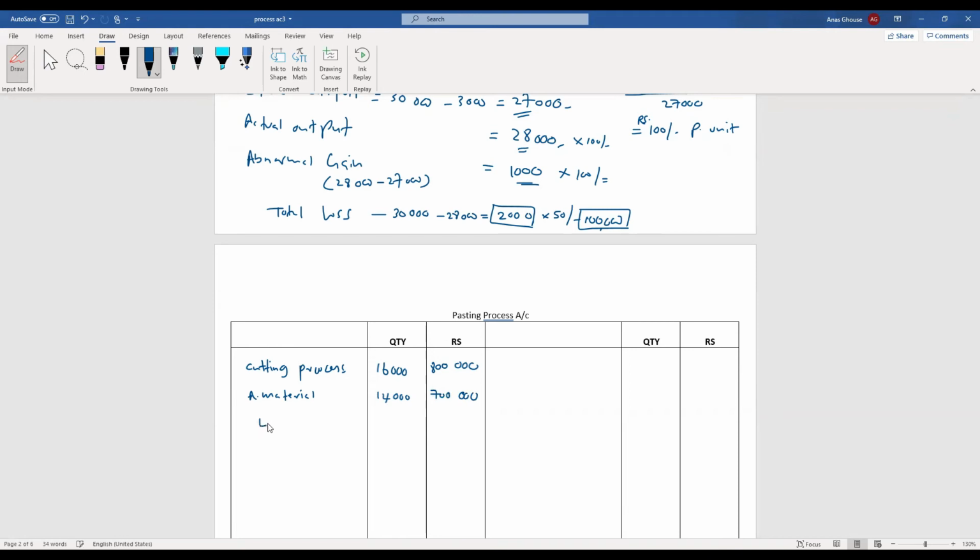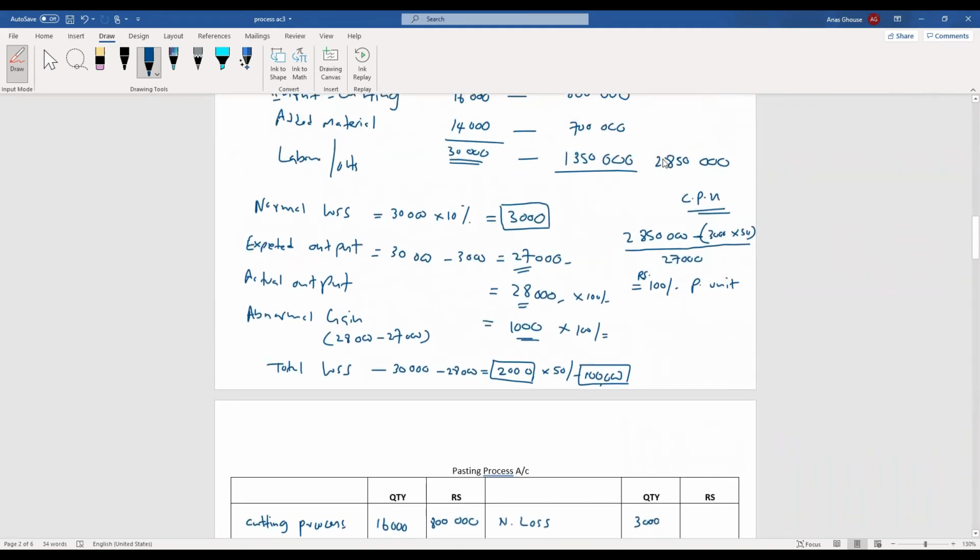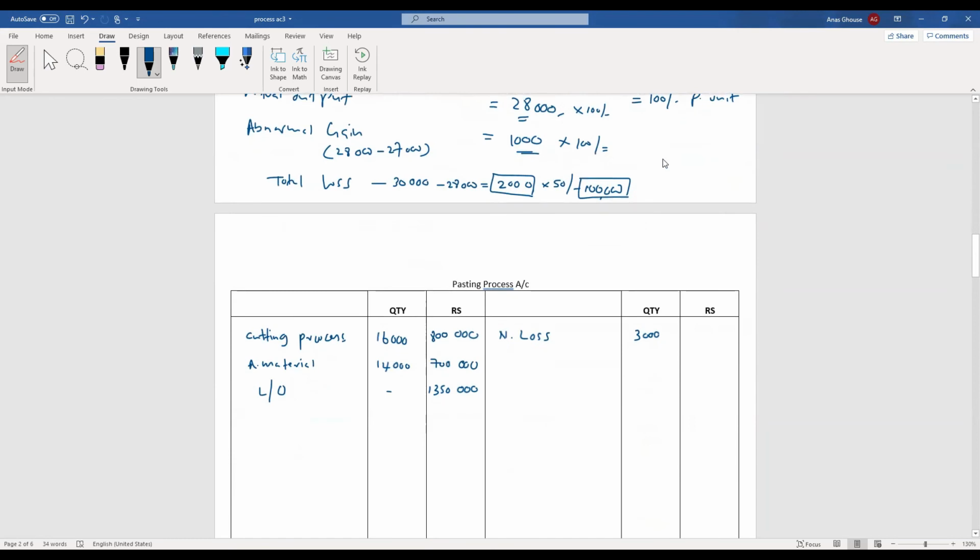Then we have labor and overheads 1,350,000. Then we have normal loss of 3,000 that could be sold for 50. So 3,000 times 50 is 150,000, and this will be transferred to the scrap account.